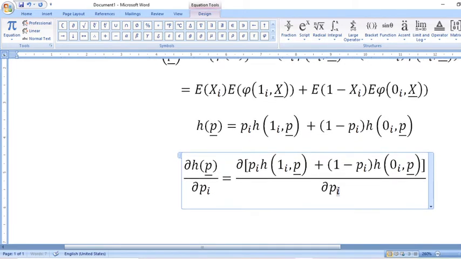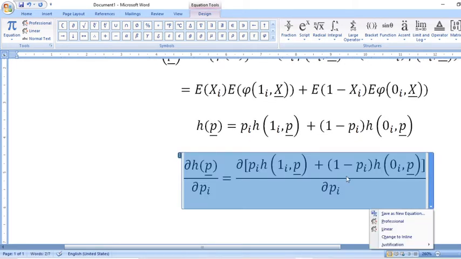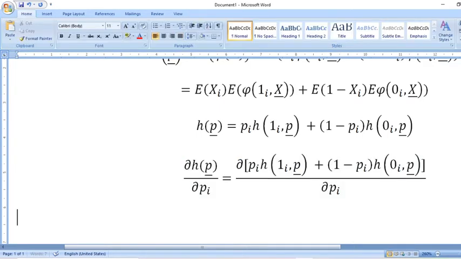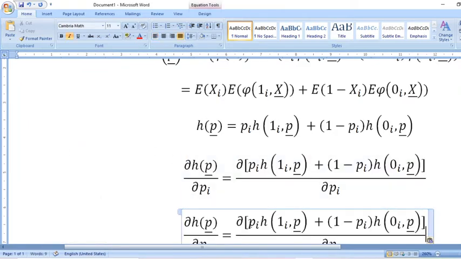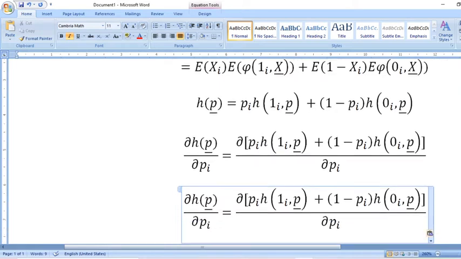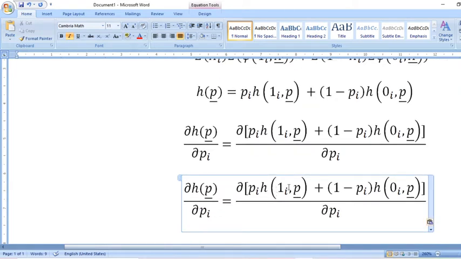We are taking the partial derivative. What will be the answer? When we differentiate with respect to pi, this vector is not differentiable with respect to pi because it can be considered as a constant. There is only the pi term here, so we can differentiate with respect to pi.